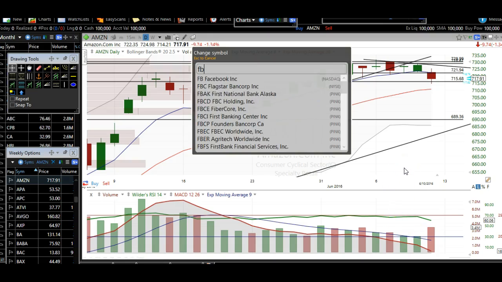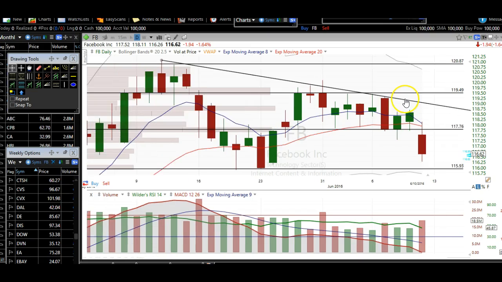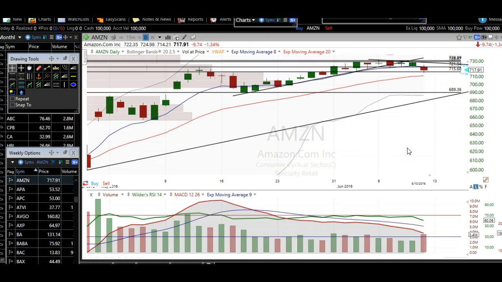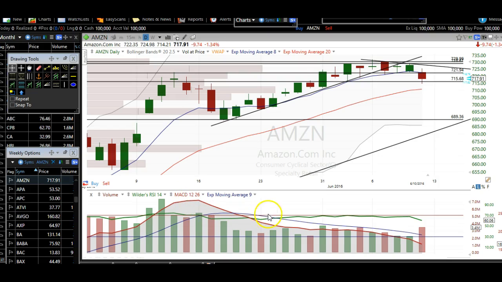If you look back on Facebook here, it was trending down, so it was kind of trading with the trend of the MACD, okay? So that's a bearish sign, but if you look at Amazon here, you've got MACD trending lower as price was heading higher. So it really gave you a warning sign ahead of time that we could be seeing some downside.